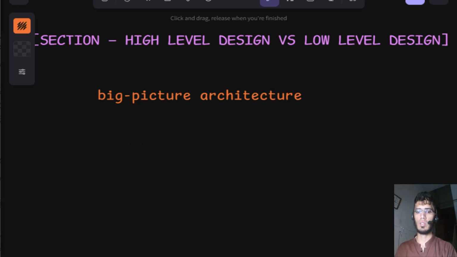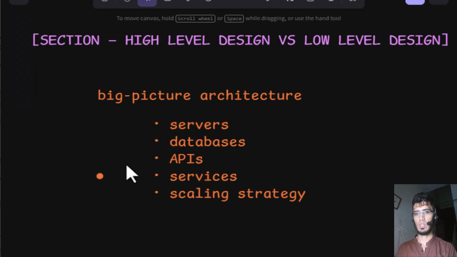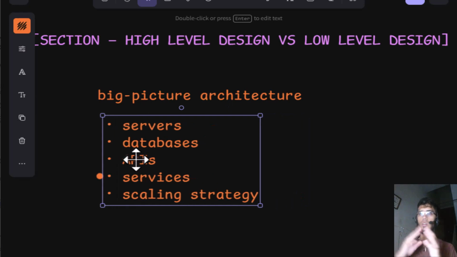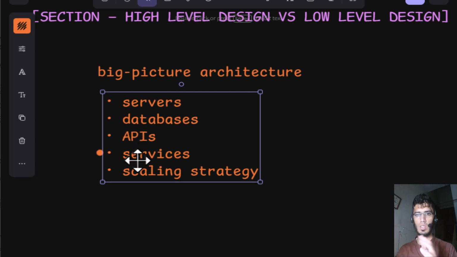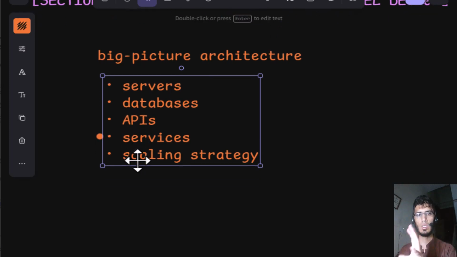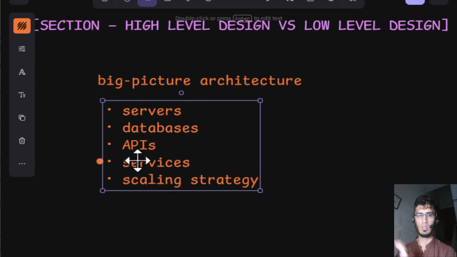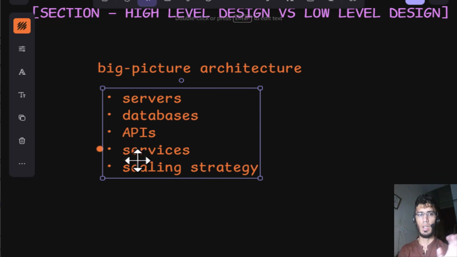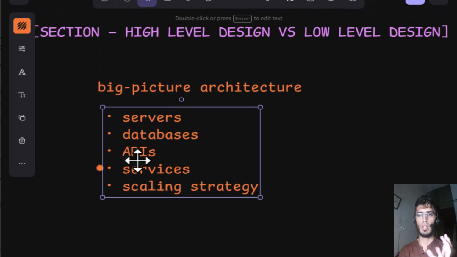That diagram will have different things like servers, databases, APIs, how front end and back end communicate with our APIs, services like notification service, data service, and scaling strategies like load balancers, auto scaling groups, and target groups. So this is a high level architecture. It is a diagram involving different components and communications, showing how our system will behave.